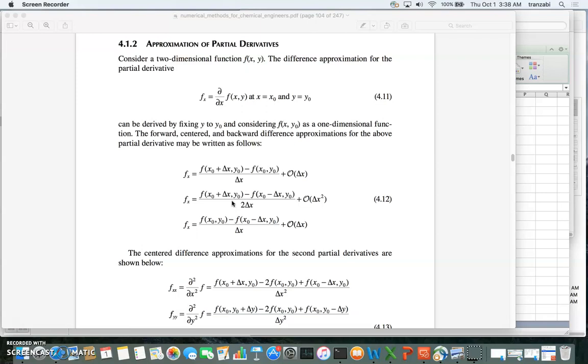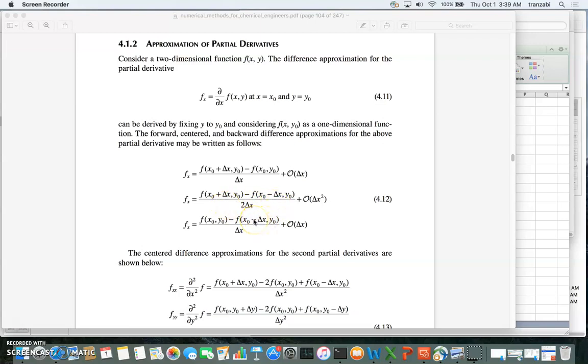Because this is central difference, we have to use the 2 points on the sides, one at x plus delta x and the other one at x minus delta x. Subtract the 2 and we divide by 2 delta x. That is going to be an approximation for the first derivative. Okay, so this is the central difference.